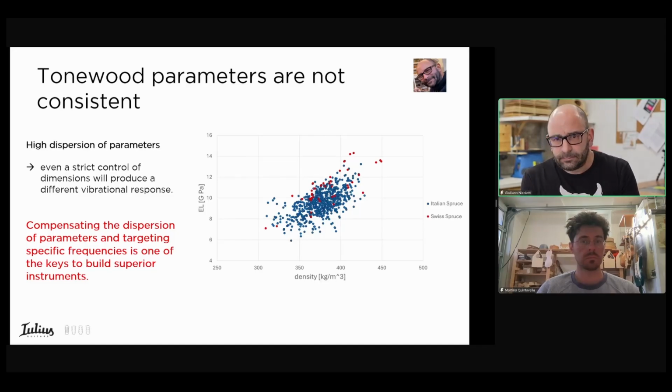Here you can see measurements of several samples of Italian spruce and Swiss spruce. This data comes from research by Martino and Simone Bononomi of Wood and Tones. We can see that there is a high dispersion of the parameters of tone wood. So even with strict control of dimensions, we will have quite different vibrational responses of the finished guitar. Compensating for the dispersion of parameters and targeting specific frequencies during the build is, of course, the key to building superior instruments.